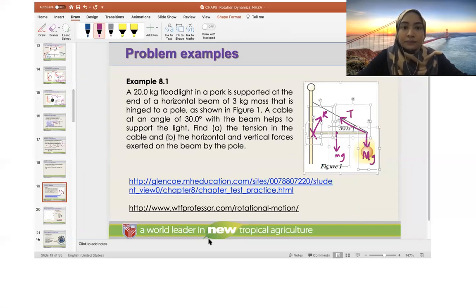New document. Okay, so that is the diagram there. The question tells me that I should find the tension and the vertical and horizontal forces, Fy and Fx.